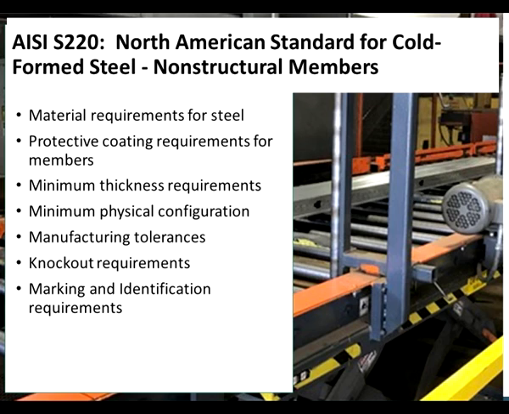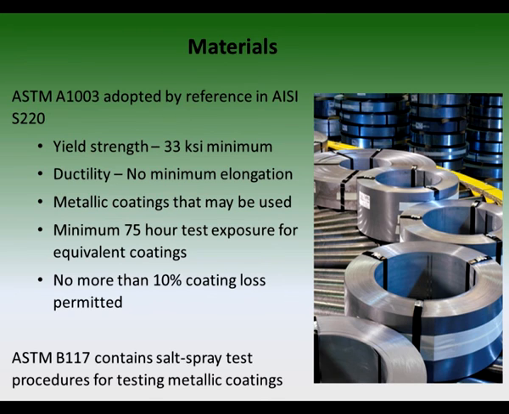Material requirements for steel, protective coating requirements for members, minimum thickness requirements, minimum physical configuration, manufacturing tolerances, knockout requirements, and marking and identification requirements. The important point here is that AISI S220 references ASTM A1003, standard specification for steel sheet, carbon, metallic, and non-metallic coated for cold-formed framing members, for the steel that's used to make a stud.